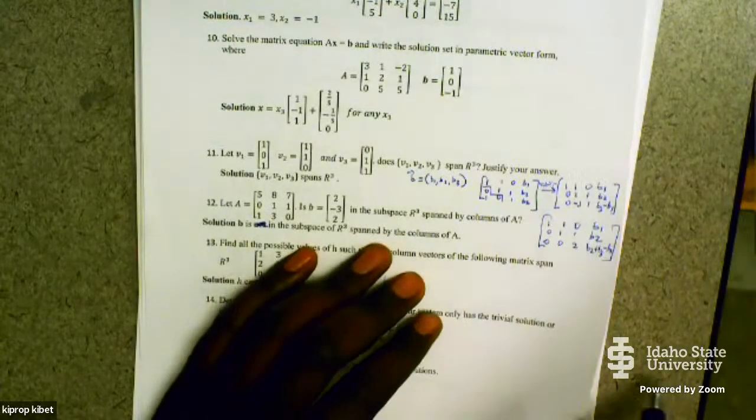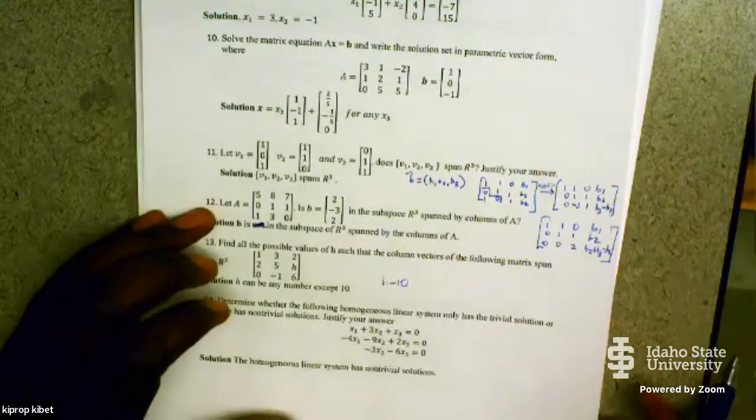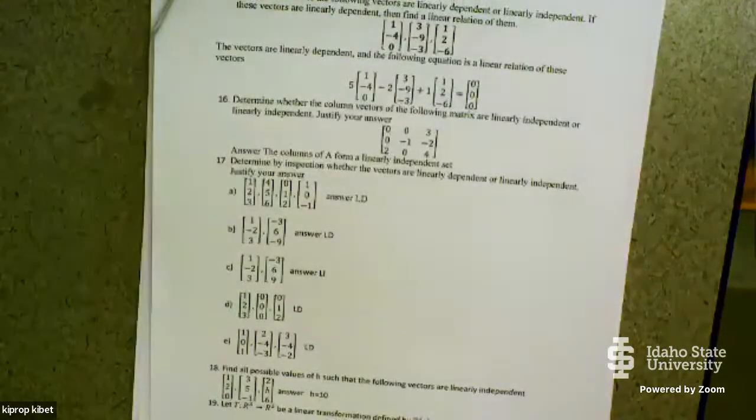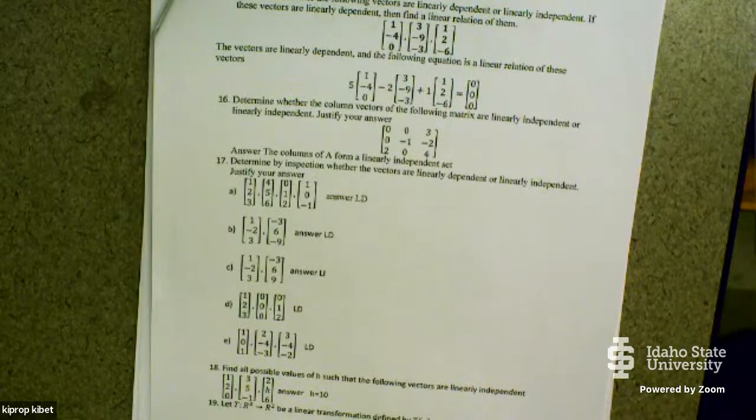And if there are no basic variables, then the next step is to get the linear relation. Number 15, same thing. If it is not giving us trivial solutions, then you need to get the linear relation.